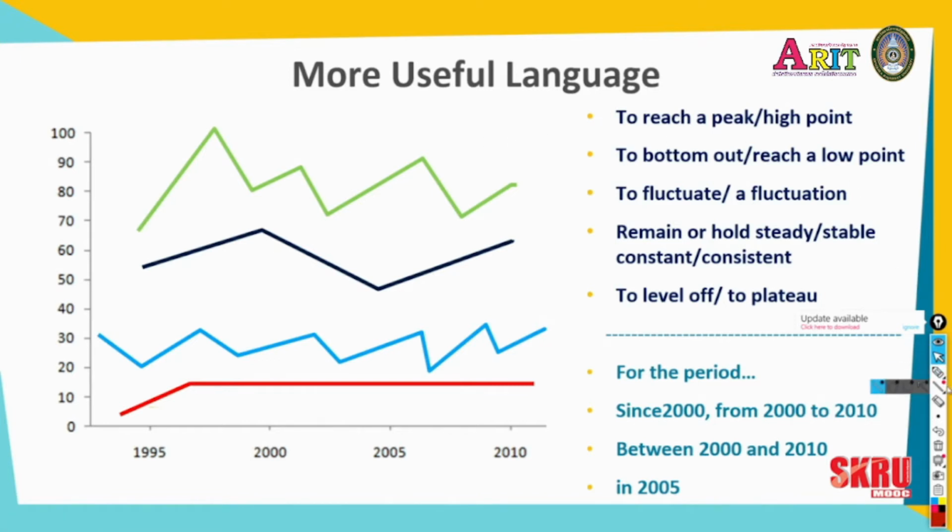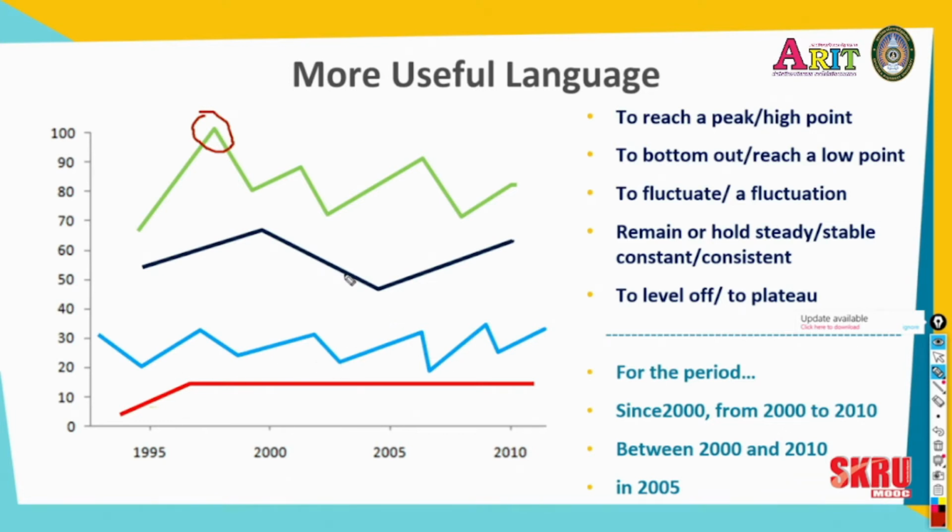To reach a peak or a high point. Here on the green line, we can see the highest point. To reach a peak, like a mountain. The opposite of that, to bottom out or to reach a low point.